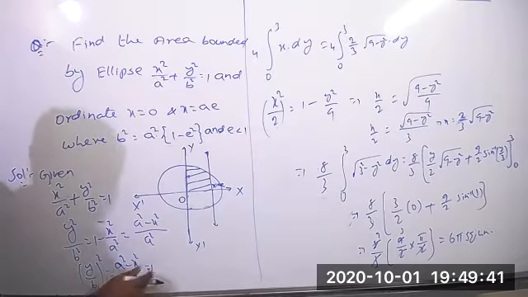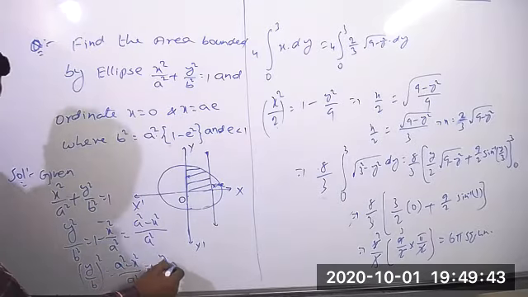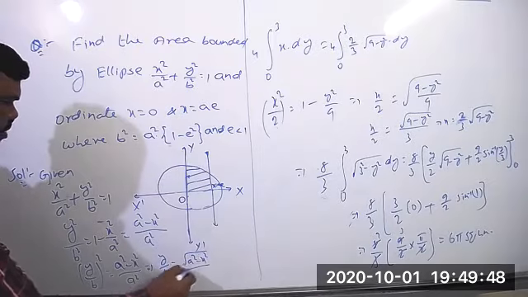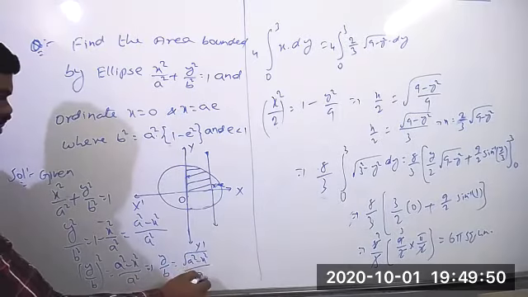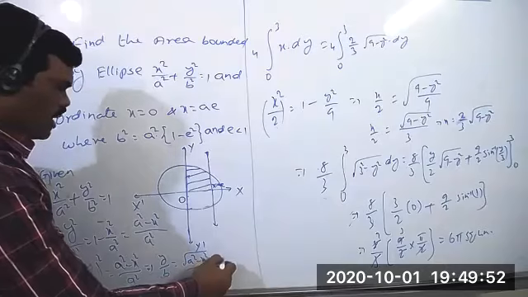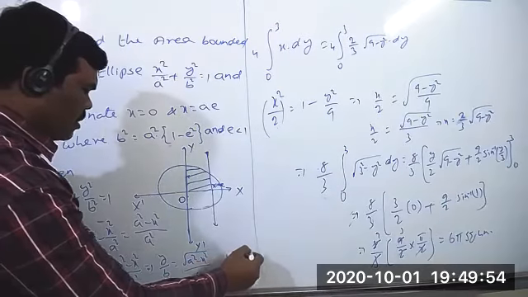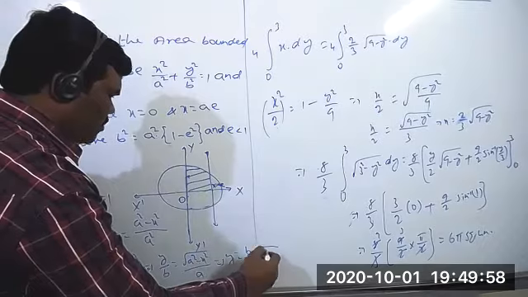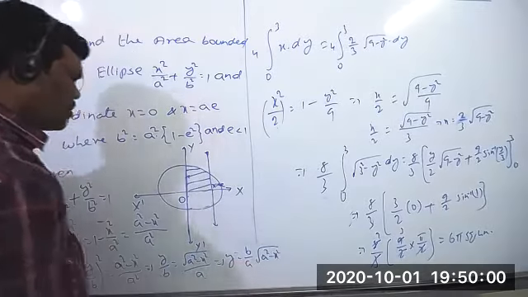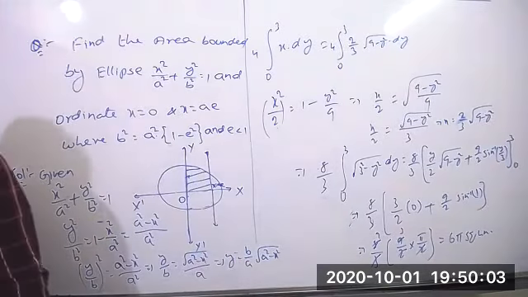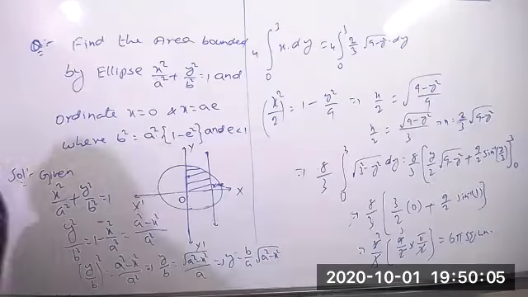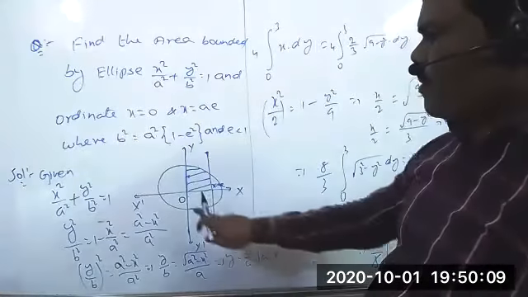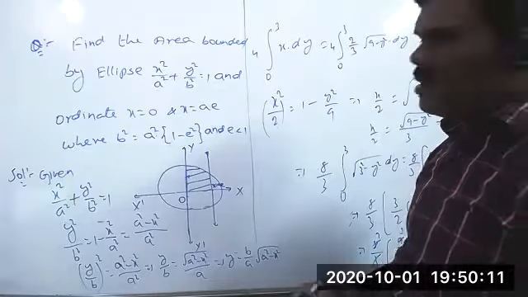That implies the value of y by b is equal to square root of a square minus x square by root of a square, which means a. So the value of y is equal to b by a into square root of a square minus x square. Now you can substitute this there and find the result. The limits also you can take. What are the limits here now? 0 to ae.